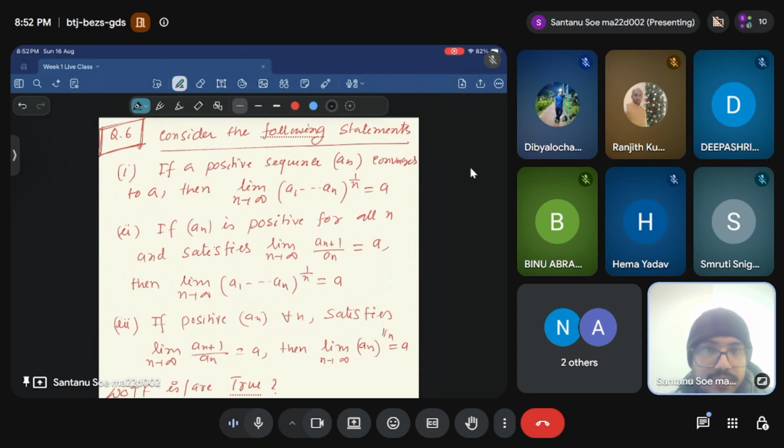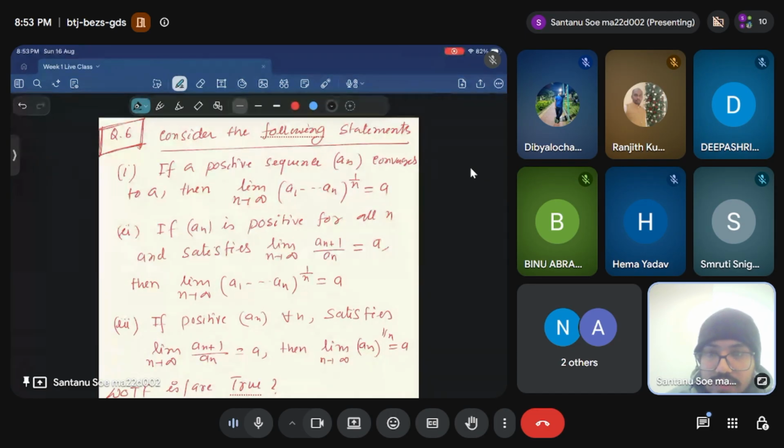In the first case, if an converges to A, then they are saying that the product a1 up to an to the power 1 by n is A. The second is if the ratio limit has limit A, then similarly the product of a1 up to an to the power 1 by n is A. And if similarly the a(n+1) by an limit is A, then an to the power 1 by n has limit A. So which of the following is or are true? Like 1 is true or false, 2 is true or false, or 3 is true or false.